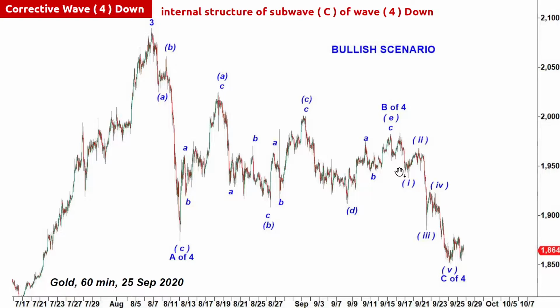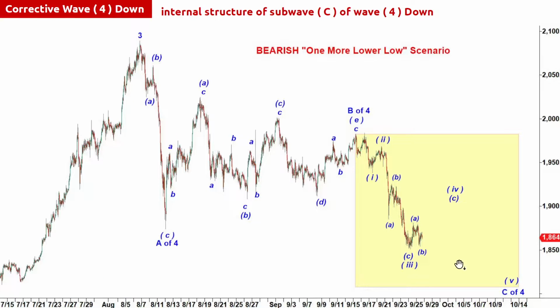And this is how gold looked. Again, in gold, as in GDX, we had the very same dilemma at that point. At the end of September 2020, we got a potential bullish scenario where we could count that whole A down, B up, and C down structure as completed. But it did not look like a textbook structure, because under the textbook structure, we would also expect one more push lower.